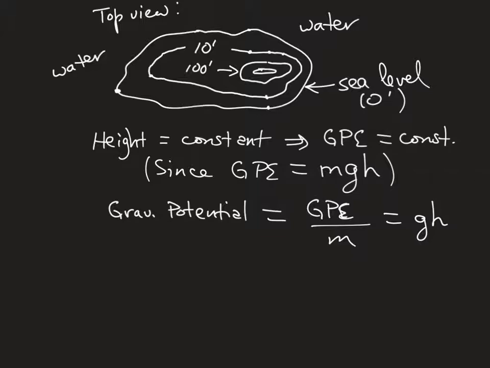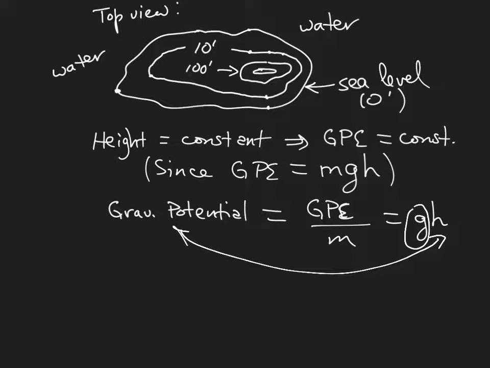So the connection here is to build your awareness that gravitational potential and height are basically the same thing, except they're proportional to each other, and the units just work out by multiplying by little g.